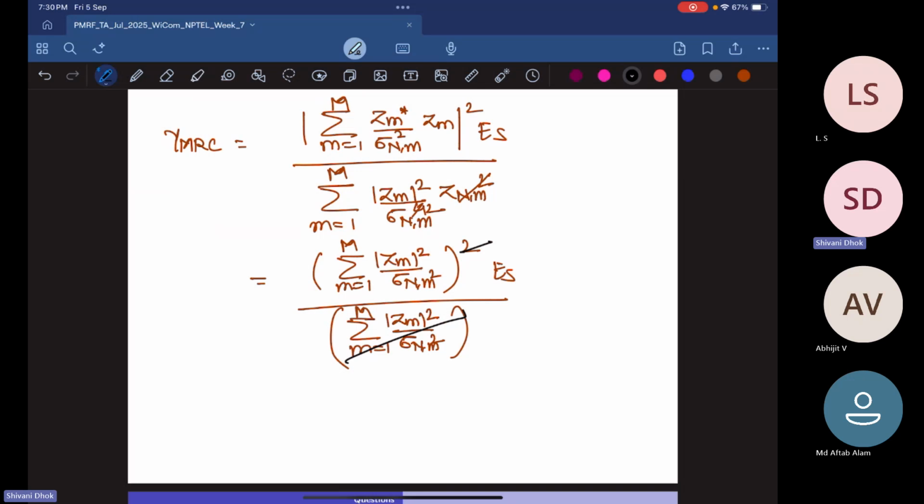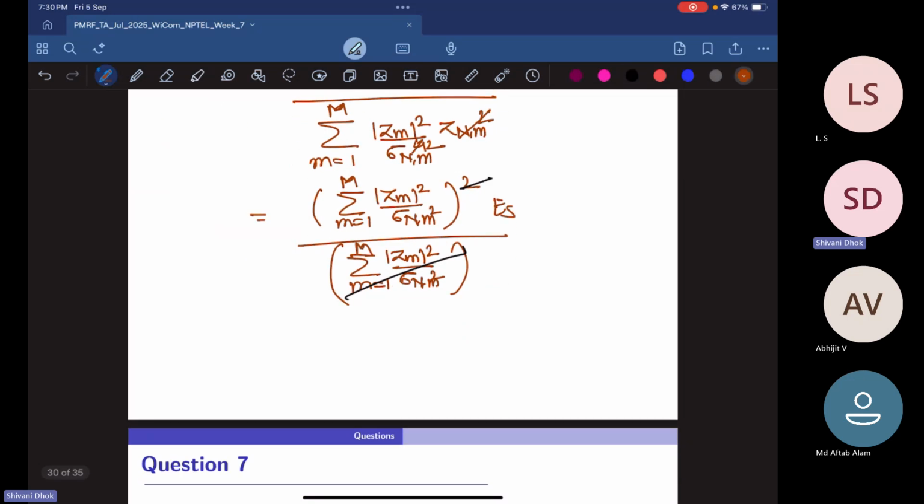This cancels, and what we are left with is gamma MRC equal to summation m equal to 1 to capital M magnitude of Zm square into Es divided by sigma nm square. So this is your instantaneous SNR essentially.